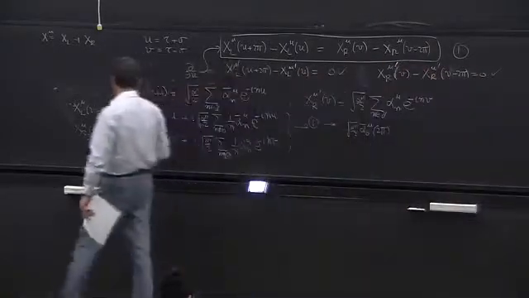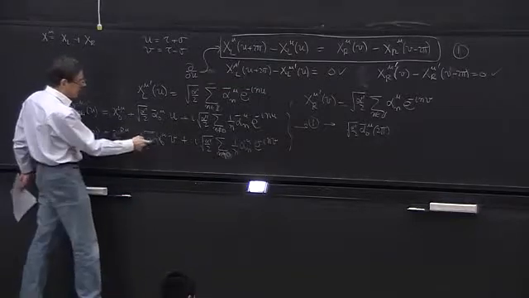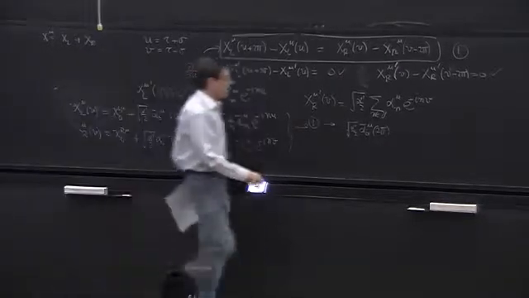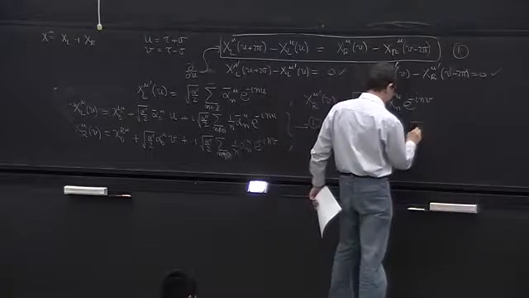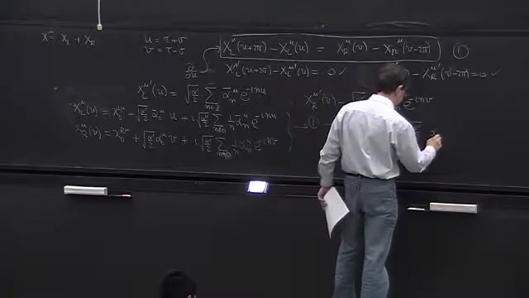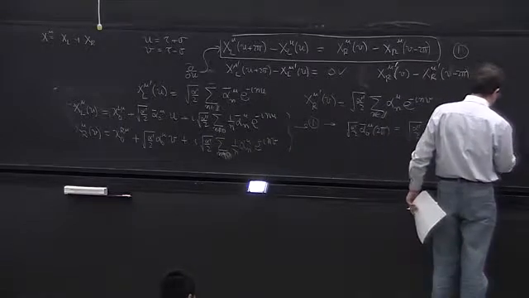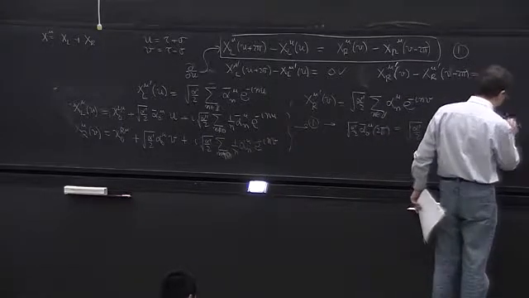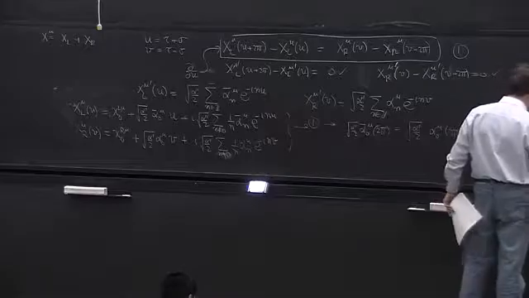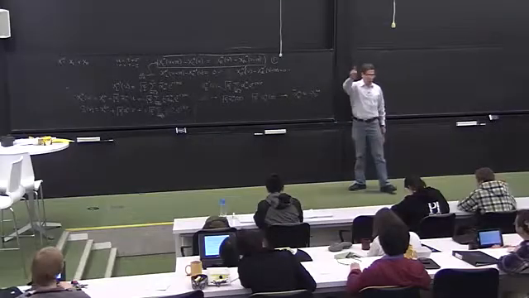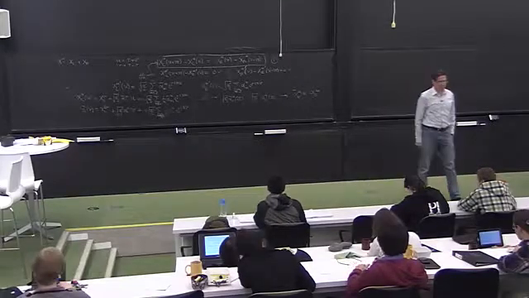This is periodic. This is certainly periodic. And here you get square root of alpha prime over 2 alpha 0 mu 2 pi. And we obtain that alpha 0 mu bar is equal to alpha 0 mu. Just one momentum on the string.